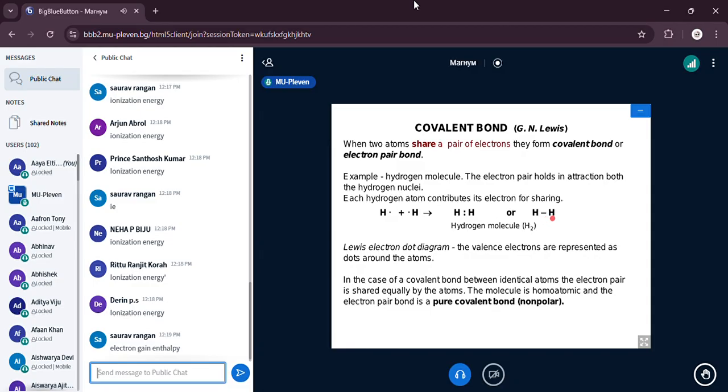Usually we show bonds in this way. In this example, this electron pair is equally shared between 2 hydrogen atoms. In such a case, we say this bond is a pure covalent bond or non-polar bond.